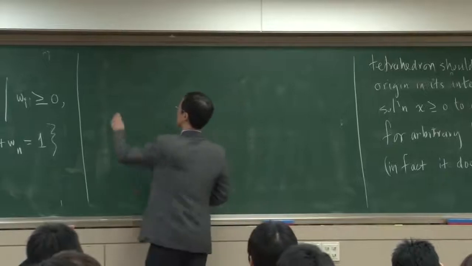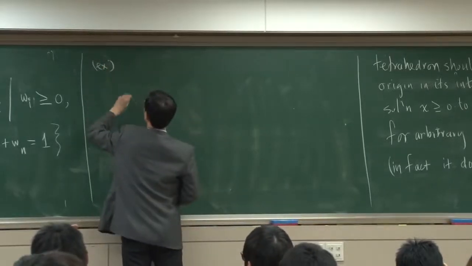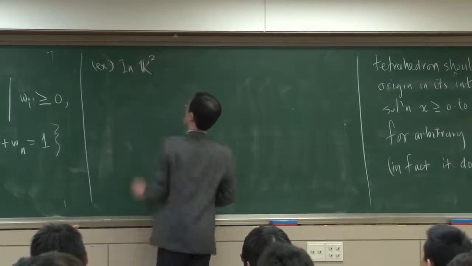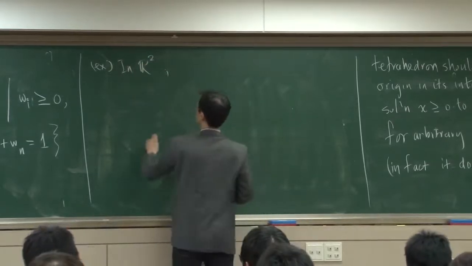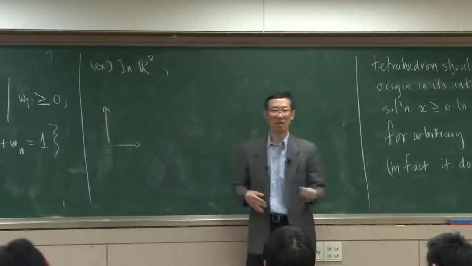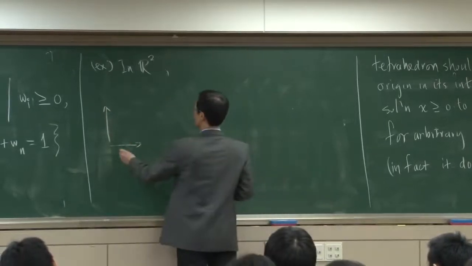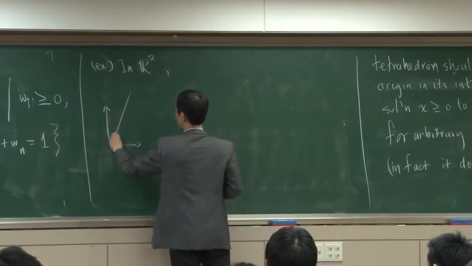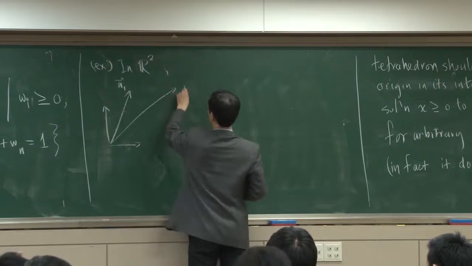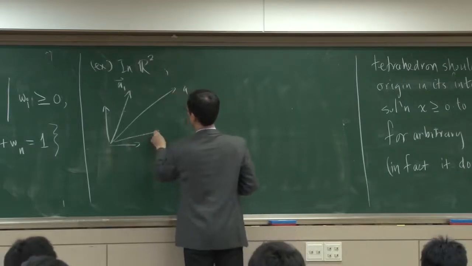Let's look at R2. Here's the plane. Let's draw some vectors: here's A1, here's A2, here's A3.